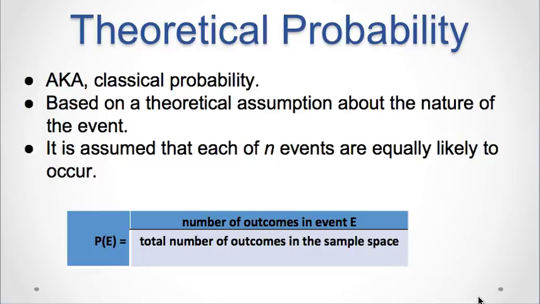What is the number of ways that we can roll an even number? The even numbers are 2, 4, and 6, so 3 outcomes. So the probability of rolling an even number is equal to 3 divided by 6, which is equal to 1/2, which is equal to 0.5.